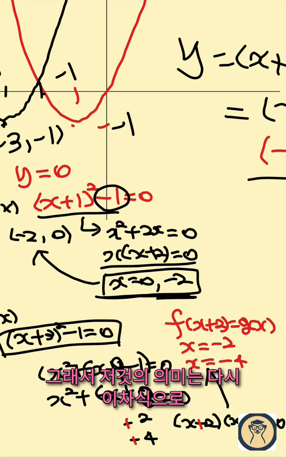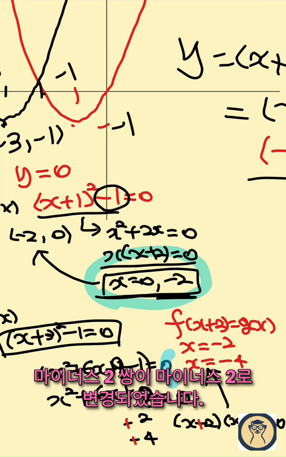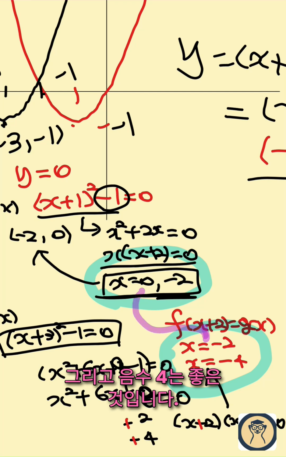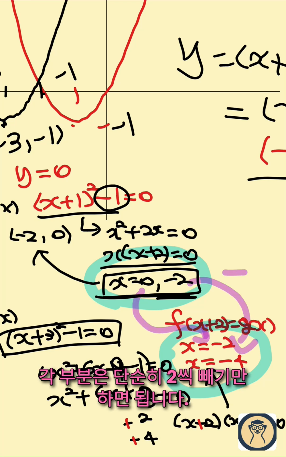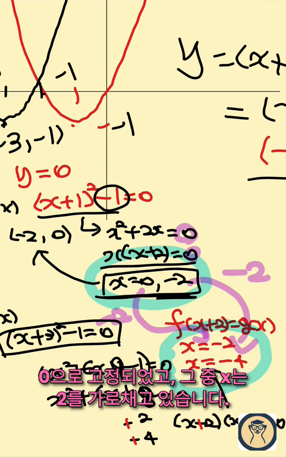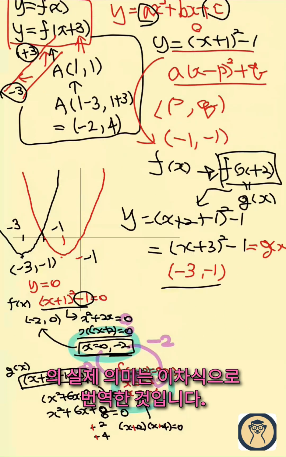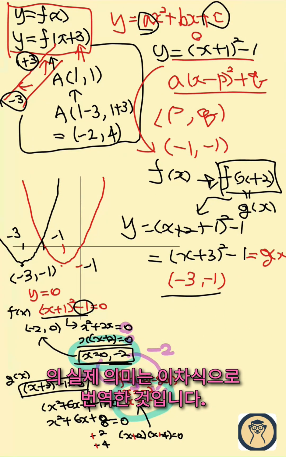The meaning of that, again, in the quadratic form: the original pair, 0 and negative 2, has been changed to negative 2 and negative 4, which means each is simply subtracted by 2. So the value of y was fixed at 0, and the x-intercepts that give the answer have been changed. This is the real meaning of translation in quadratic form.